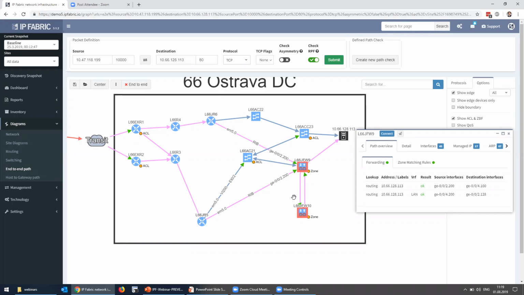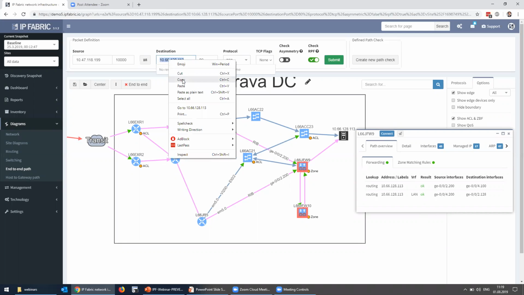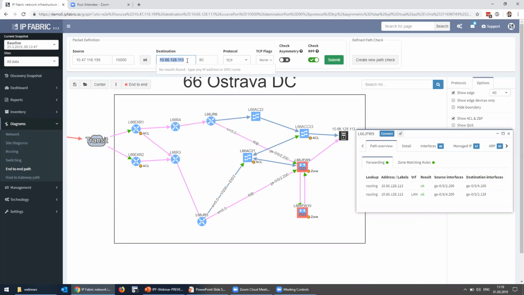So to express this, we can say that paths are created by routing information base, by routing, and that we want all of the next hops to this particular network to be at least redundant, to have at least two paths.